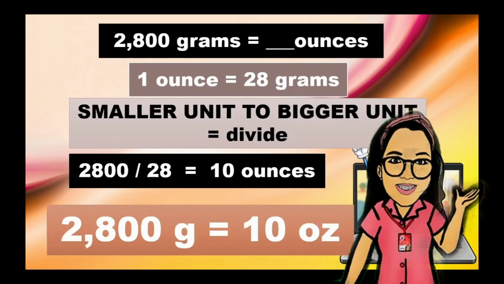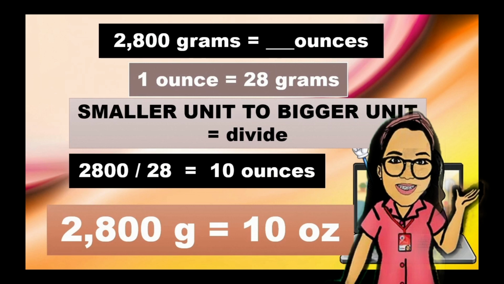Here's our next given. 2,800 grams is equal to how many ounces? Let us consider this conversion. 1 ounce is equivalent to 28 grams. So, if you are going to convert smaller unit to bigger unit, you have to divide.